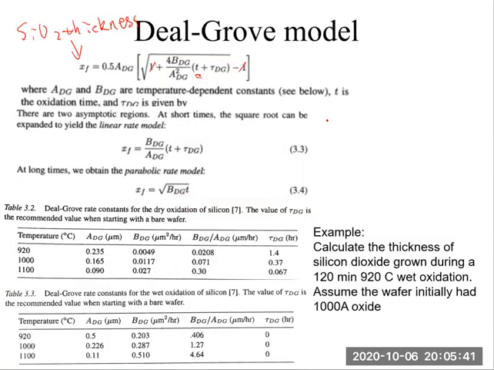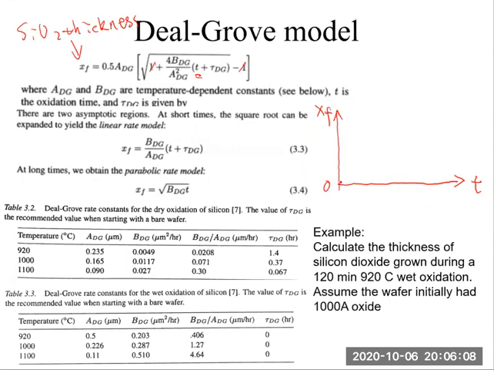So if we plot XF as a function of oxidation time T, let's assume this is our origin 0.